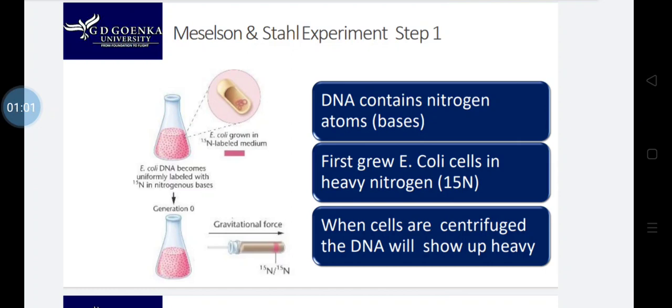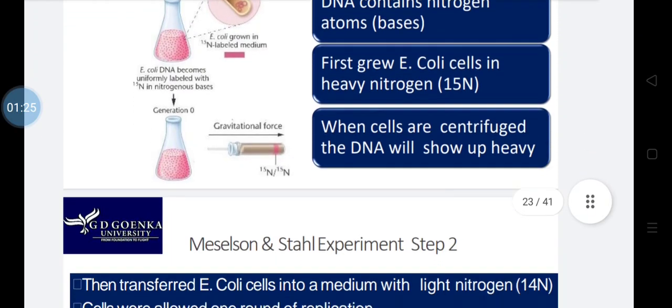All the DNA in those E. coli cells was supposed to contain only the nitrogen present in the medium, which was 15N. They saw this observation in step one of their experiment.